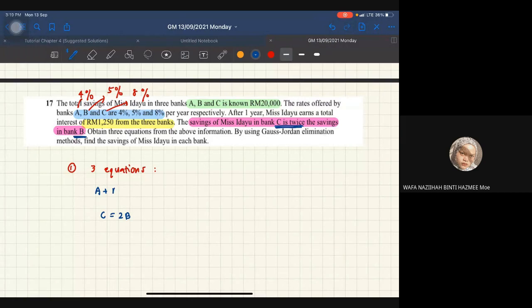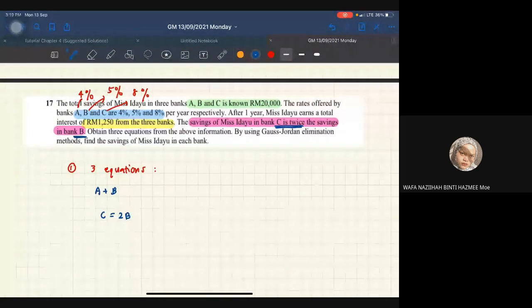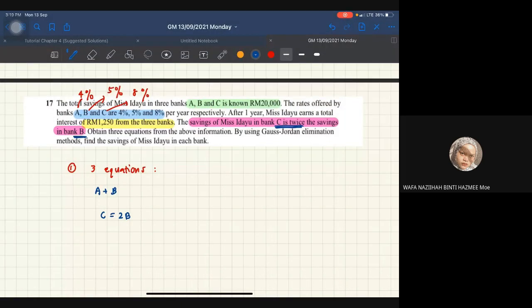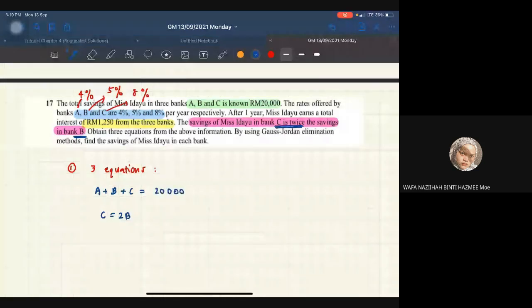Okay, betul. Sebab dia cakap kat awal-awal tadi, total savings dia dekat tiga-tiga bank tu. So maksud total is all the 3 banks punya saving. Bila kita tambahkan, dia akan dapat 20,000. So maksudnya A tambah B tambah C is equals to 20,000. Banyak ke saving dia kan?